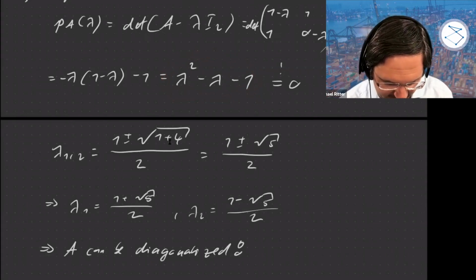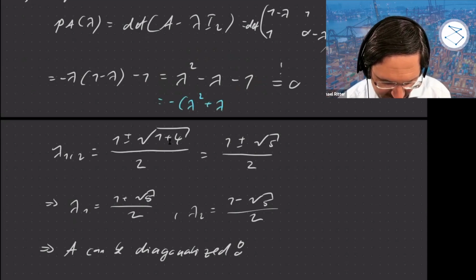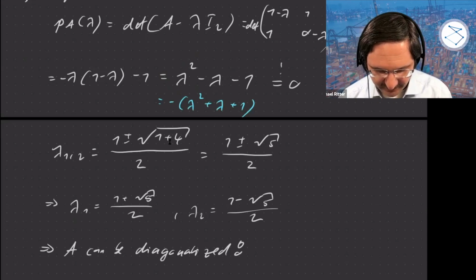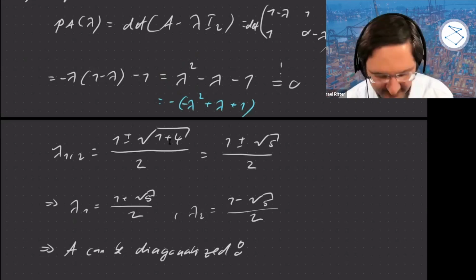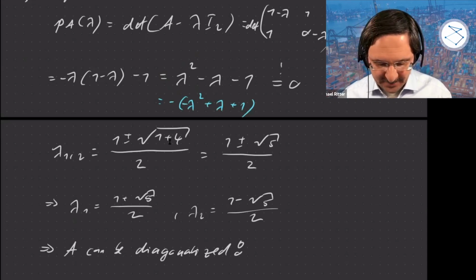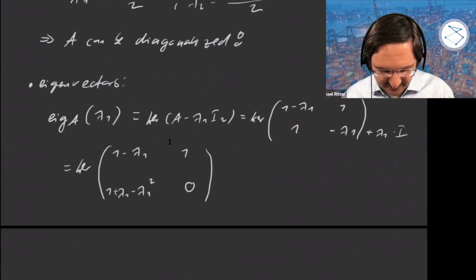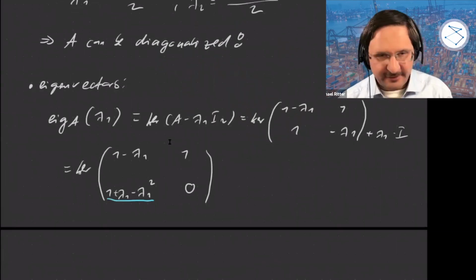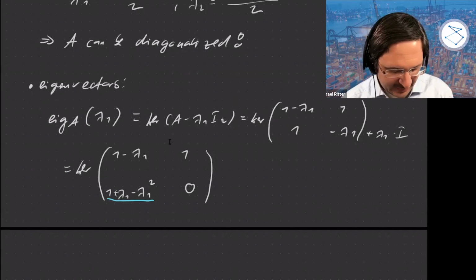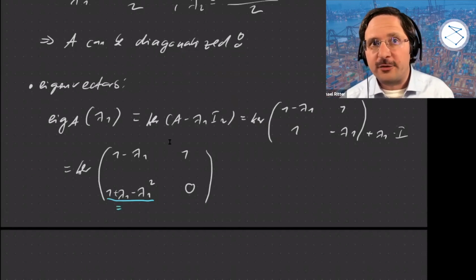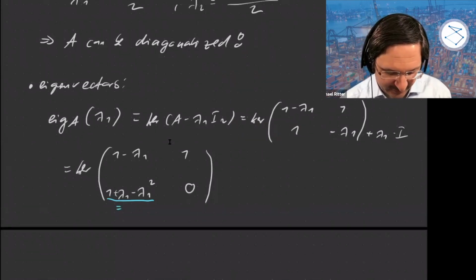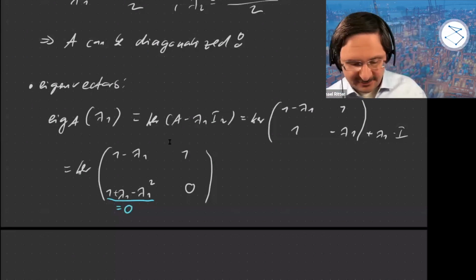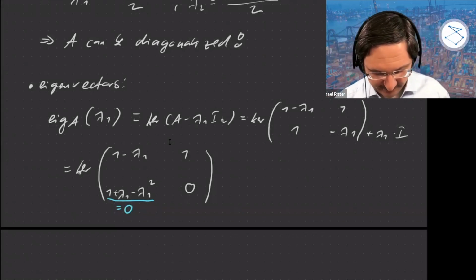So this here is the same as minus lambda squared plus lambda plus 1. Sorry, minus lambda squared, of course. Yeah. And that blue expression is exactly the one I have here. And I do know that lambda1 is a root of the characteristic polynomial. So that is 0.